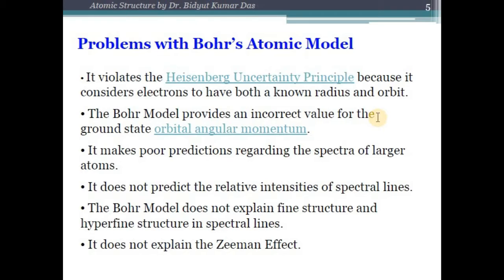Now the second problem in Bohr's atomic model is that it provides an incorrect value for the ground state orbital angular momentum.